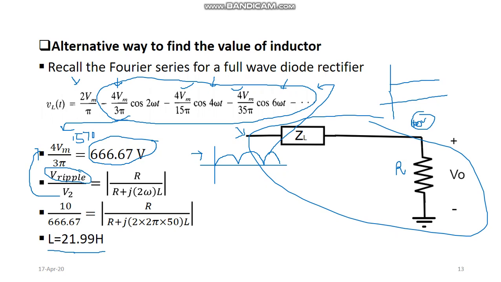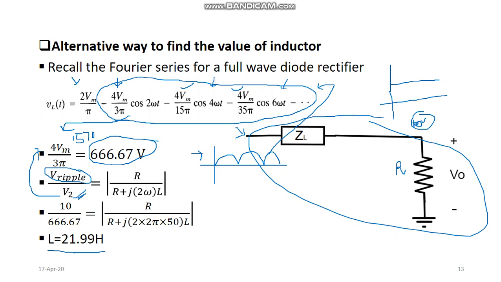When I calculate the value of 4 Vm by 3 pi, it came out to be 666.67 volt, which is a dominant component. And 4 Vm by 15 pi and 4 Vm by 35 pi are very small and can be ignored. So I will only focus on suppressing this second component, which I have denoted by V2.